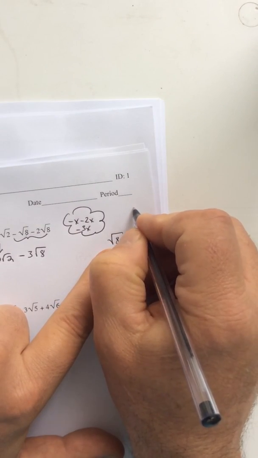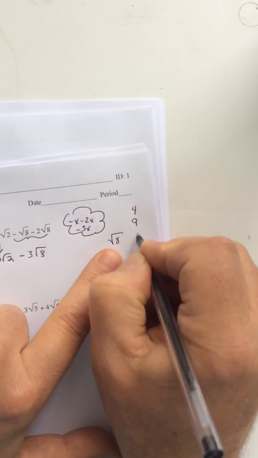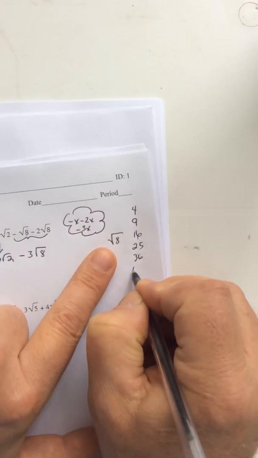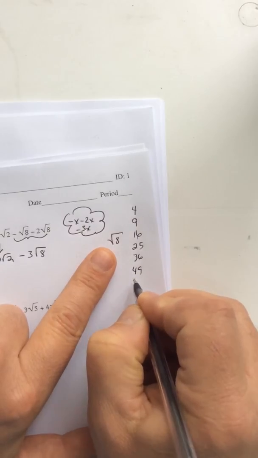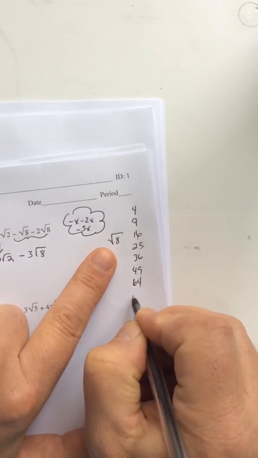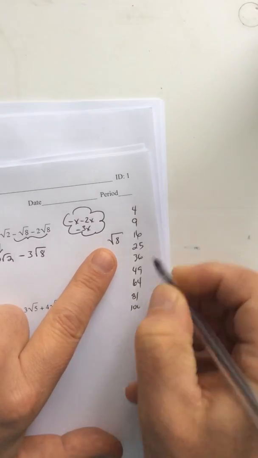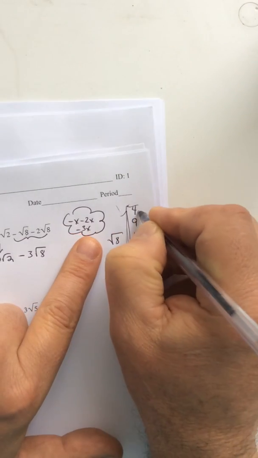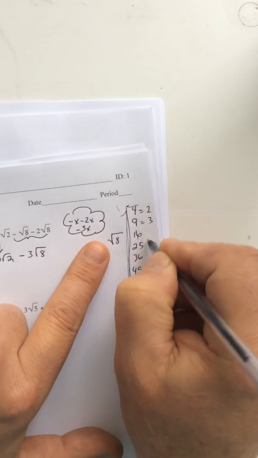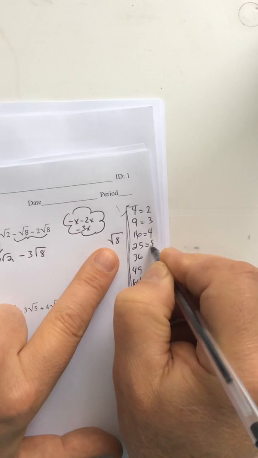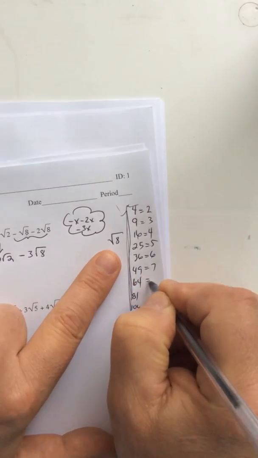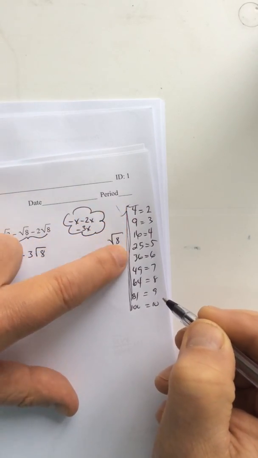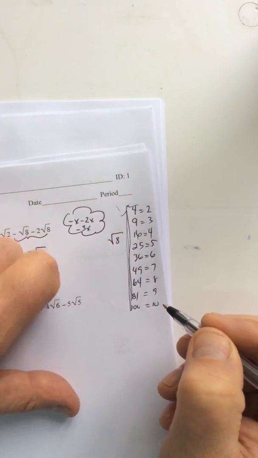I'm looking for things like 4, 9, 16, 25, 36, 49, 64, 81, 100, because these are all square rootable. These are called perfect squares, because the square root of 4 is 2, the square root of 9 is 3, the square root of 16 is 4, that one is 5, 6, 7, 8, 9, and 10. We're always looking for these kinds of values because they break out of the square root.